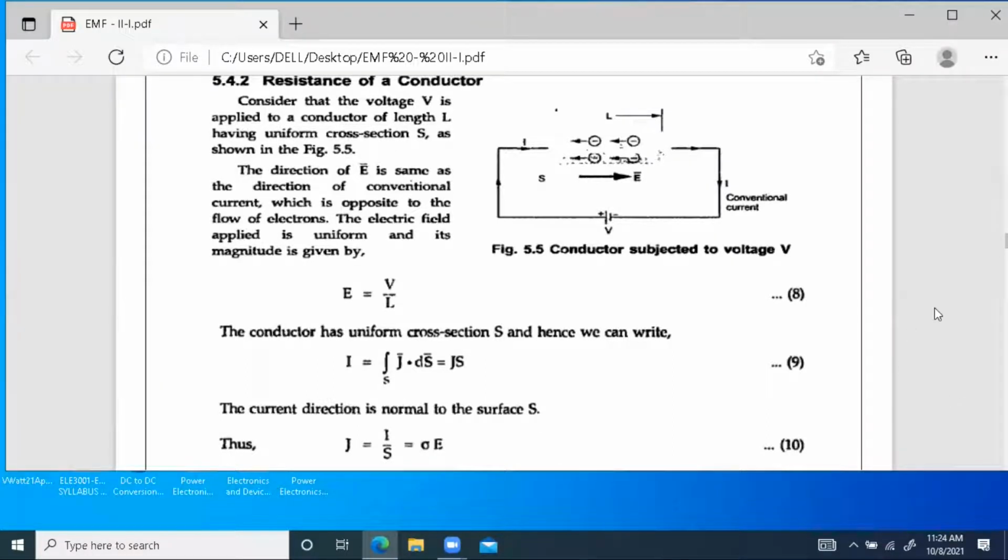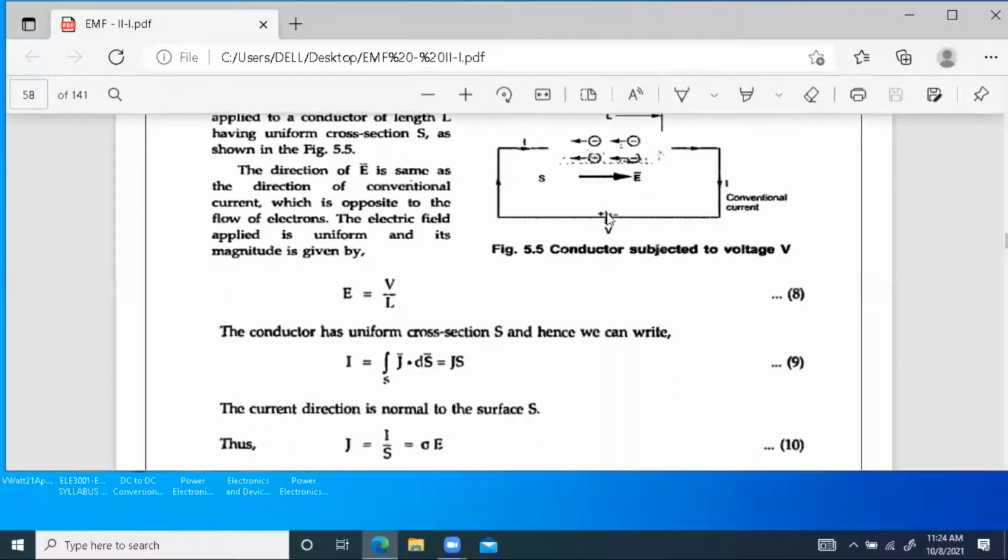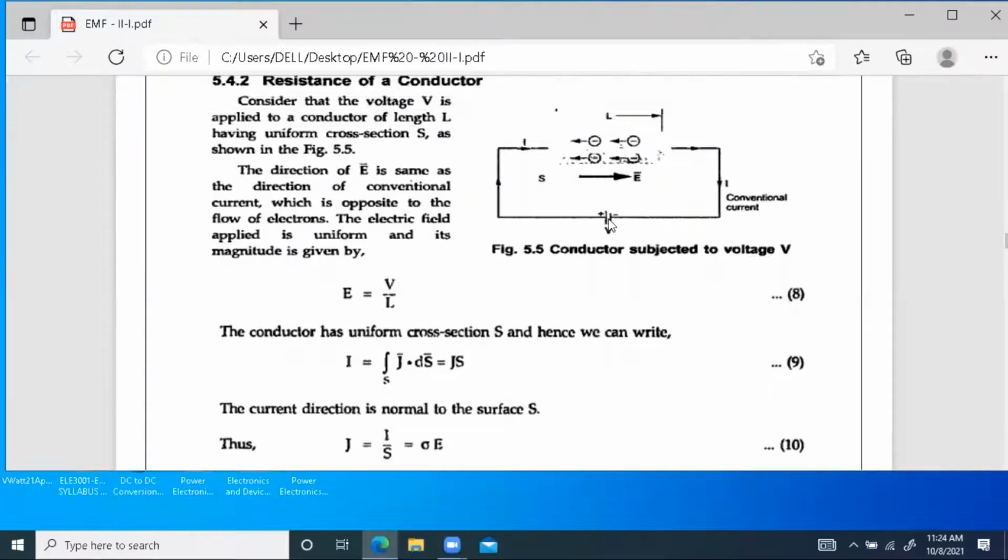So we're going to have a conductor of length L. We apply a voltage across it, with uniform cross section S as shown here.